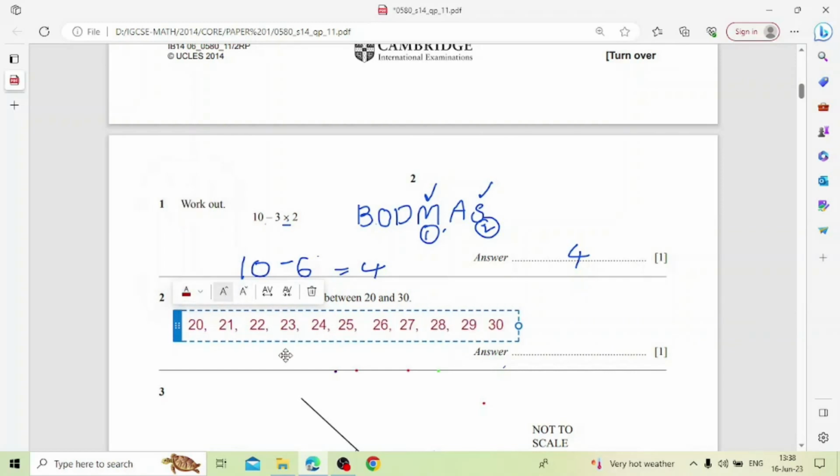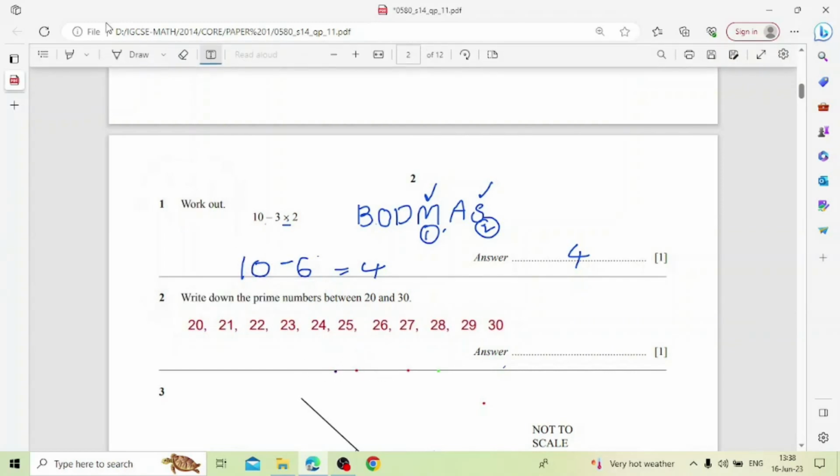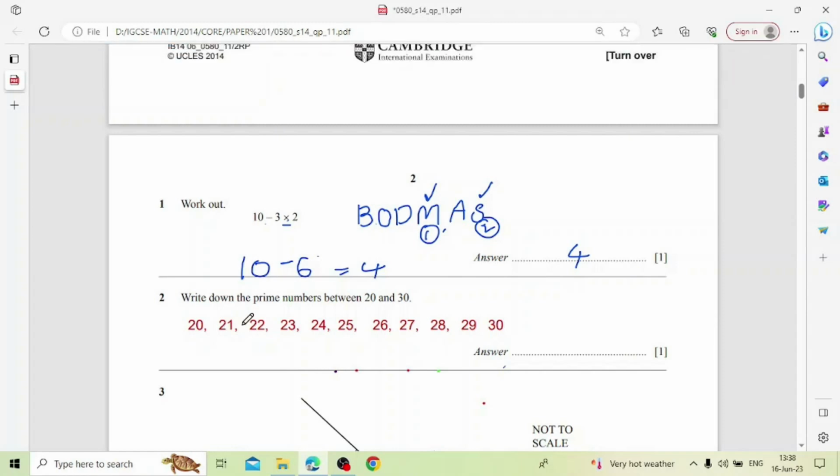Here I'm going to cancel those numbers which are composite numbers, right from number 2. I try and divide these numbers by 2, whatever numbers can be divided by 2, let's cancel them. So 20 is a composite and 22 is a composite. 24, every other number is a composite since they are divided by 2.